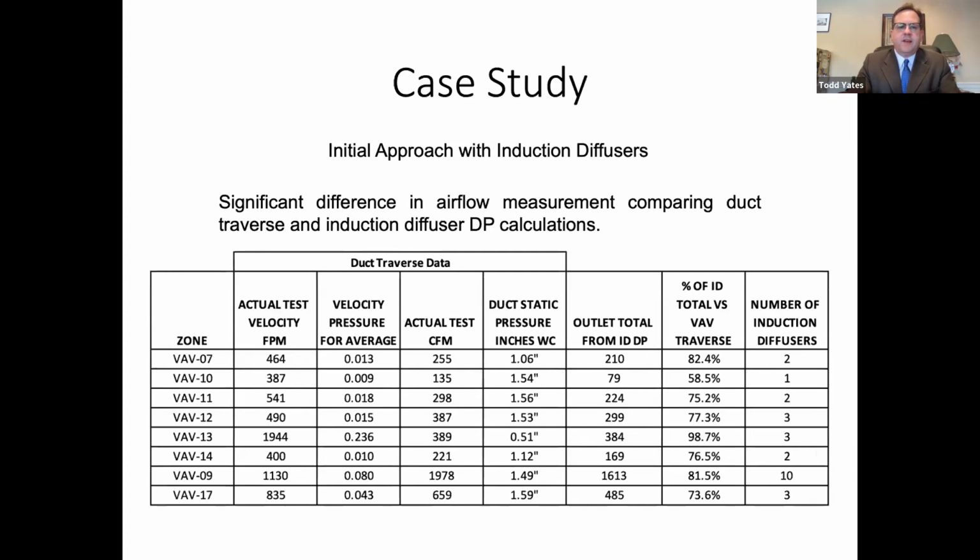And I got it down to, just looking at these, the VAVs, the duct traverse data, the outlet total from the induction diffuser DPs, the difference. And I even included the number of induction diffusers in case there was any correlation there. Turns out there wasn't, but we didn't want to exclude anything that we thought might be important.